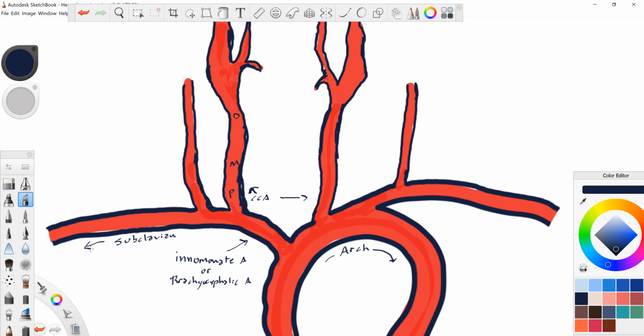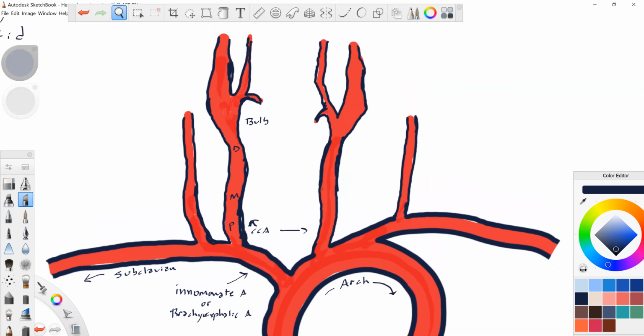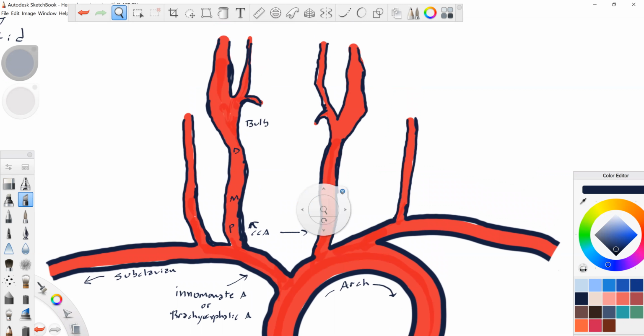Then we run into the bulb, and two arteries come off the bulb. Let's start with the minor artery, the one we don't particularly care about. This is the ECA, external carotid artery.